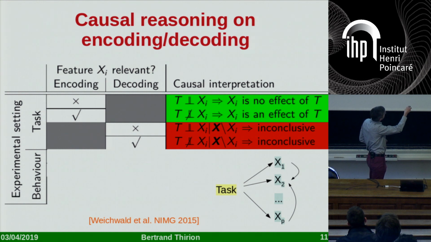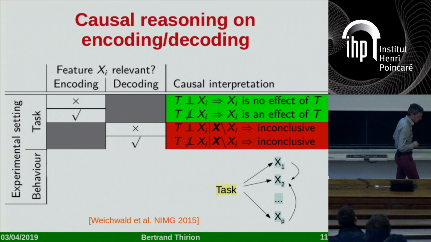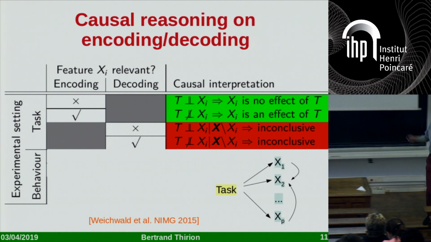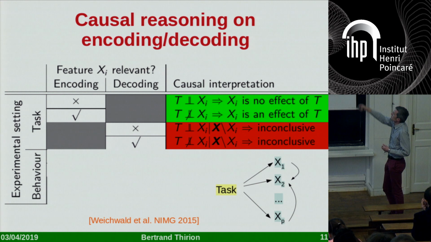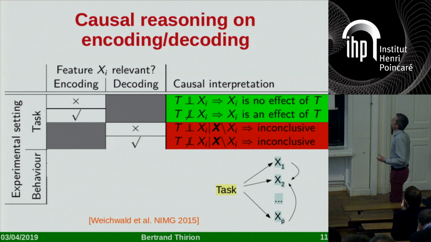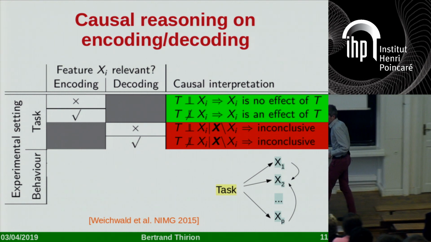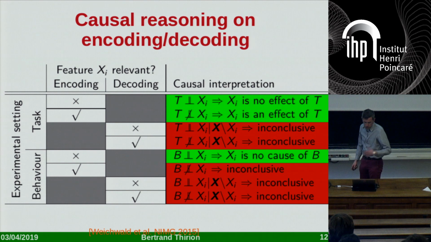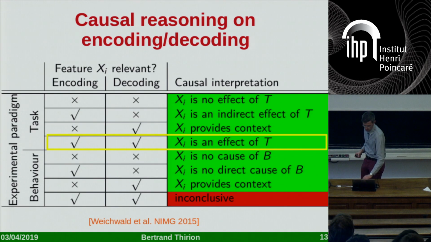So conditional on x1, x2 does not predict the task. And same thing, if you can reject the conditional independence, you can still not conclude on the role of the voxel. And you can do the same kind of inference if you analyze behavior. Now, the problem is that in many cases, in all the red cases, you cannot really conclude about the direct implications between the task that was presented and the activity in the voxel.